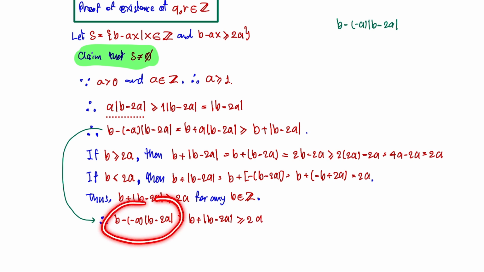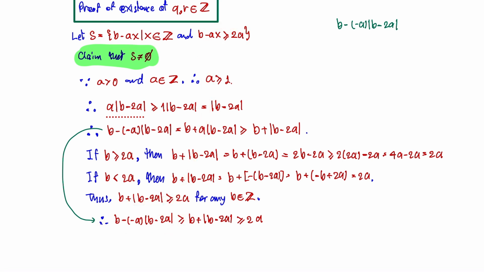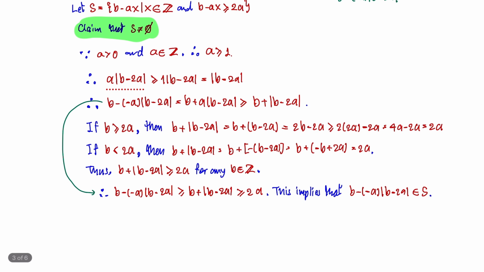So this term satisfies the condition of the set S. This implies that b minus a times the absolute value of 2a is an element of set S. Hence, set S is not the empty set.